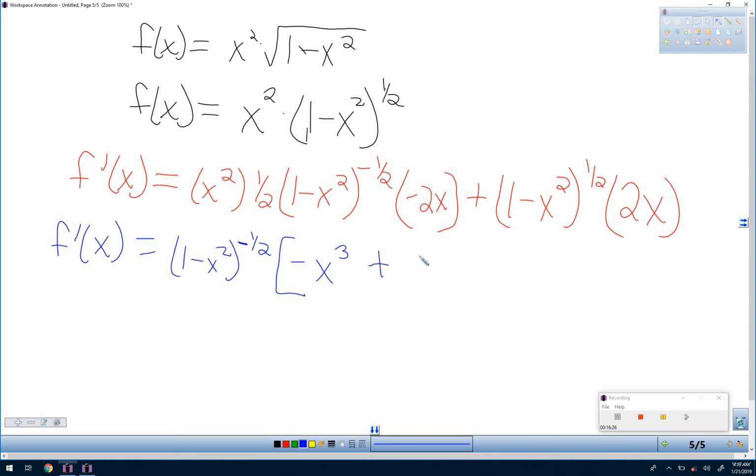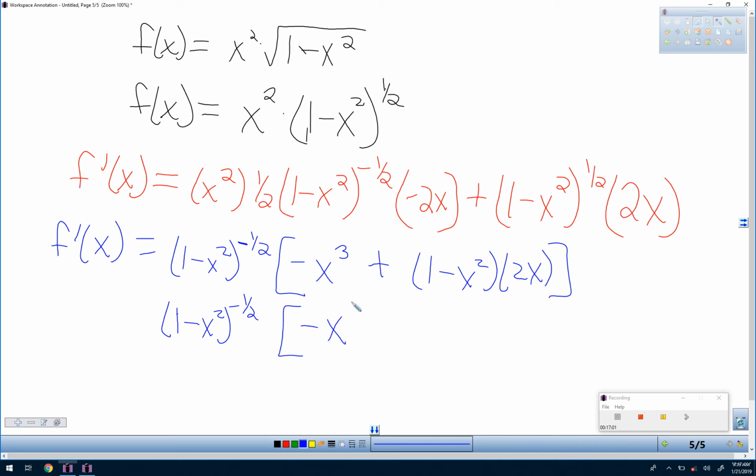So that leaves behind 1 minus x squared times 2x. And I'm still going to clean this up, so I'm still going to have the 1 minus x squared to the negative 1/2 out here. I'm going to have negative x cubed. I'm going to distribute this, so that gives me plus 2x minus 2x cubed. Almost there.